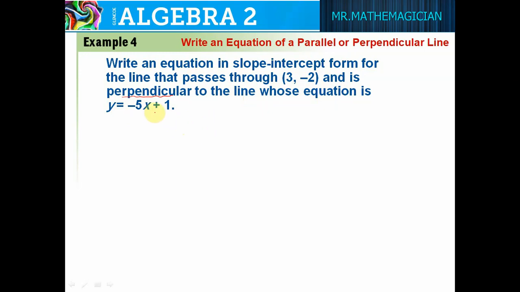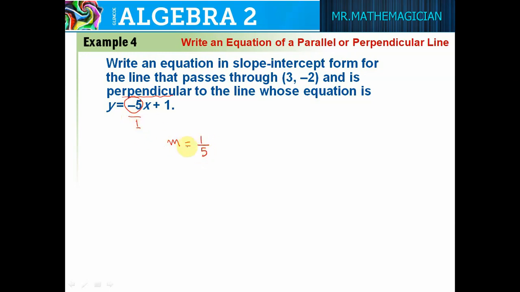So this is the given information. You know that we need the slope. So in this case, the slope of the given line is negative 5, and negative 5 is like negative 5 over 1. So our desired slope will be, flip and change the sign, 1 over 5.